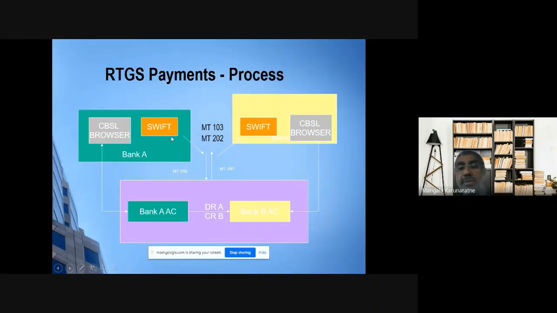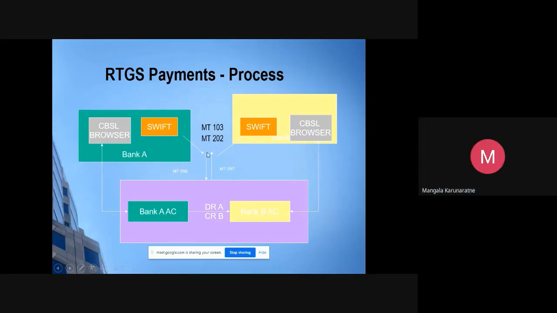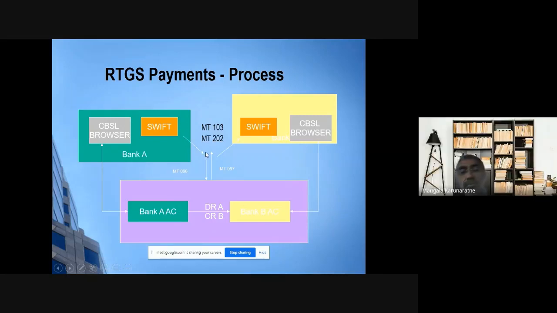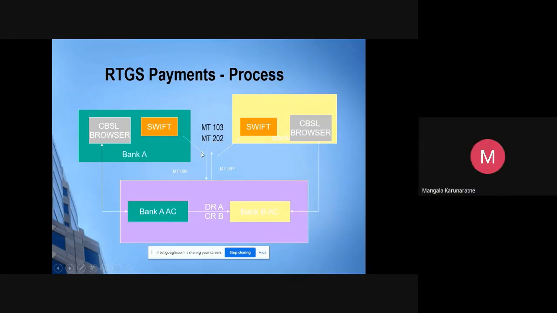Now we will be sending a 103 message, and it will go to the central bank, right? When we say 103, the 103 will first go to the central bank. That is why this is in the shape of a Y, no? It goes to the central bank, and in that system another message will be created, right?